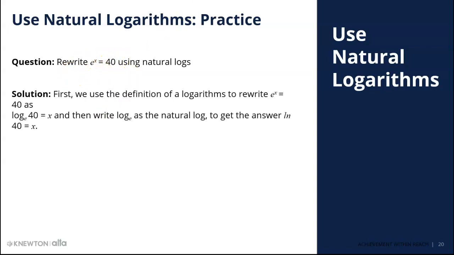And so with that, we have log of 40 base e equal to x. Now, if the base is e, instead of writing it as log base e, we will just write this as ln. So ln of 40 is equal to x.